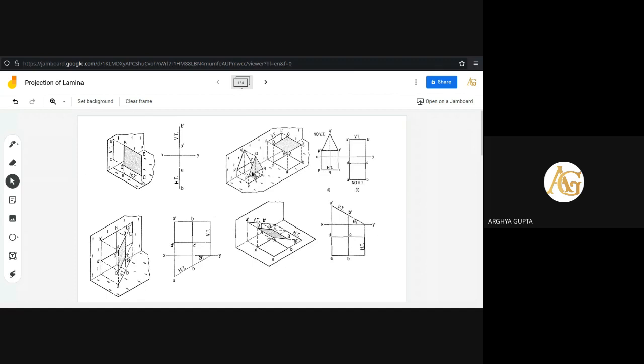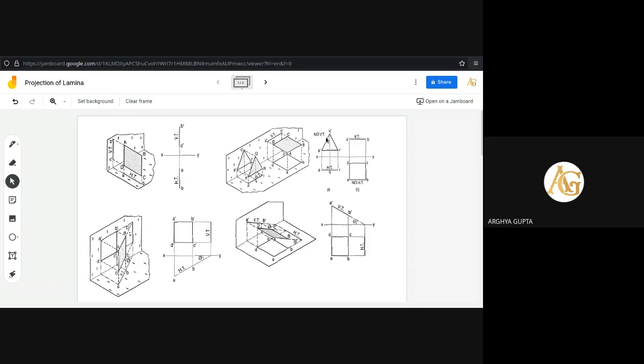As the plane is parallel to the vertical plane, we have already learned, when we were doing the projection of a line, that when the line is parallel to a particular plane, the true shape or the true length will be obtained in that plane. So as the surface of the lamina is parallel to the vertical plane, the shadow on the vertical plane will be the true shape.